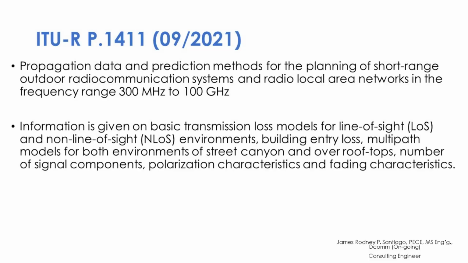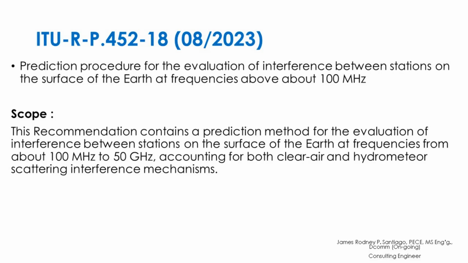So the CRC algorithm takes into consideration the recommendations of the ITU-R P.1411 and then ITU-R P.452. So what is the difference between the two?